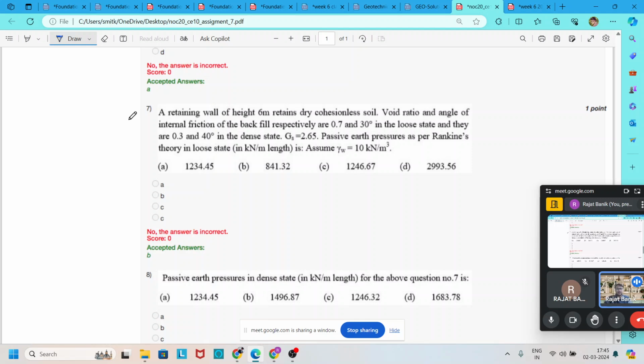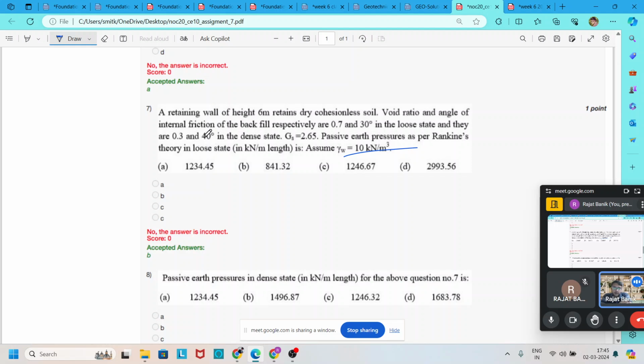And specific gravity of soil solids is given 2.65. Passive earth pressure as per Rankine's theory in loose state we have to find, if gamma W is given 10 kilonewton per meter cube.